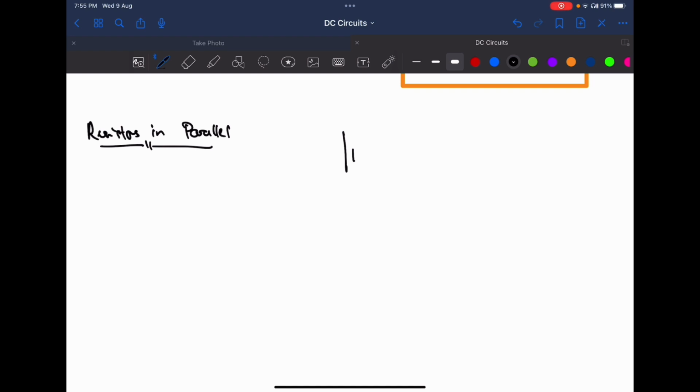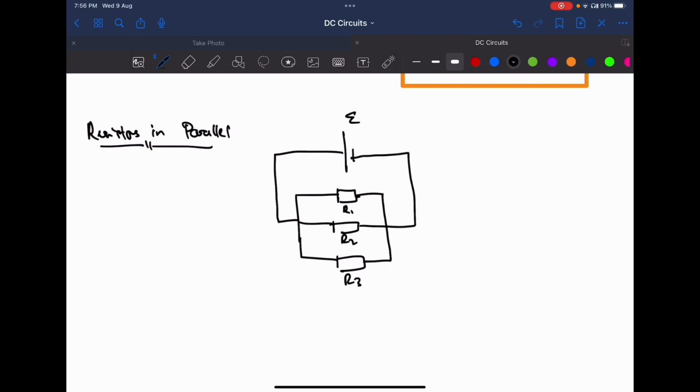If you have EMF E, and we have one resistor here, R1, R2, R3, and say now the current in the circuit is I. According to Kirchhoff's first law, the current is going to split into I1, I2, I3, and they're going to combine back here.